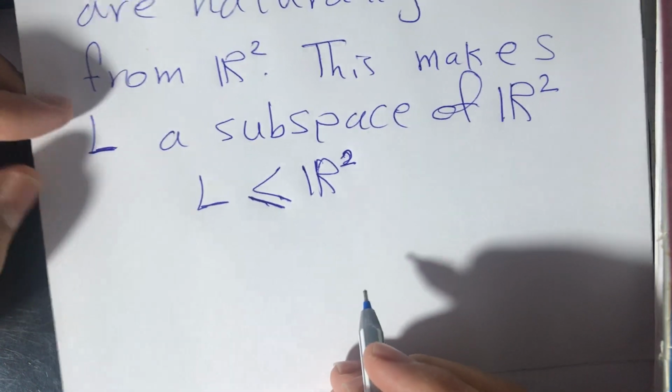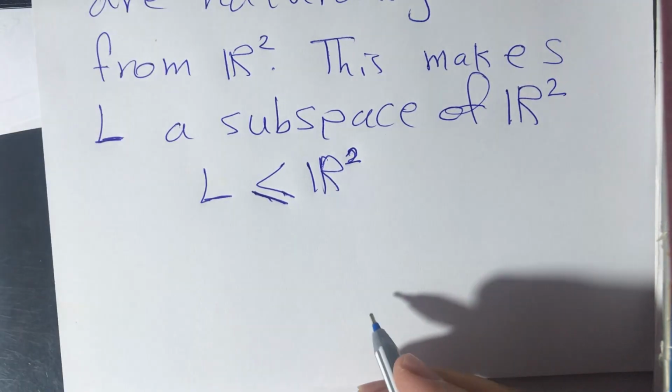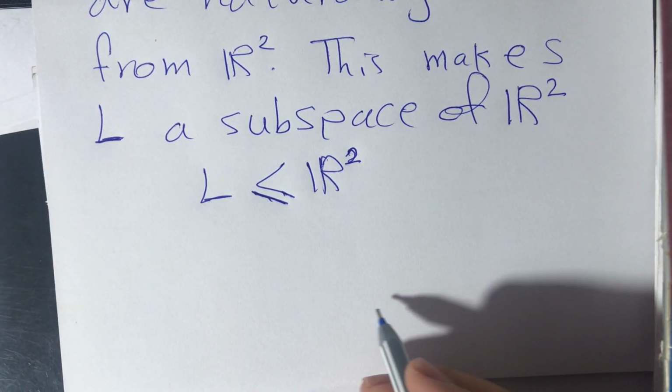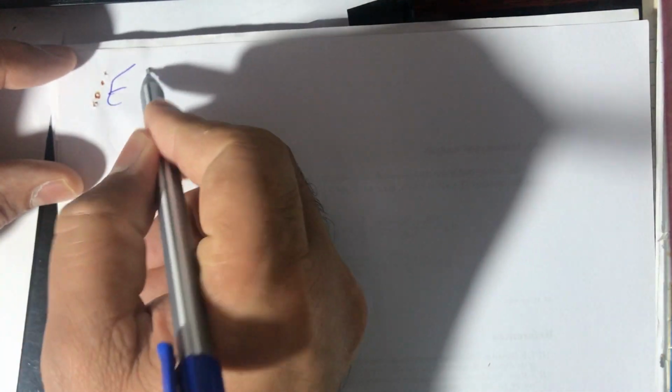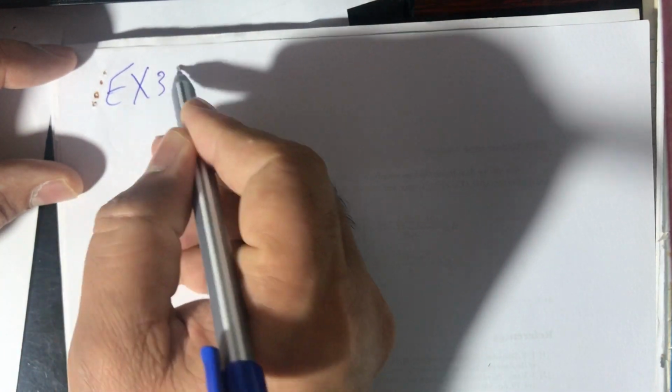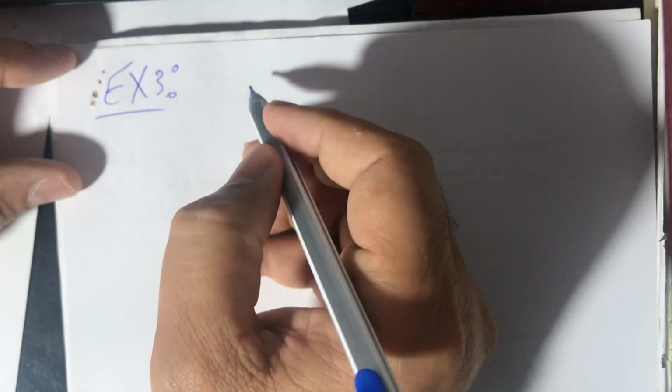So this is clear. Now this is page number 4. Examples, more examples, because this is important. Examples.